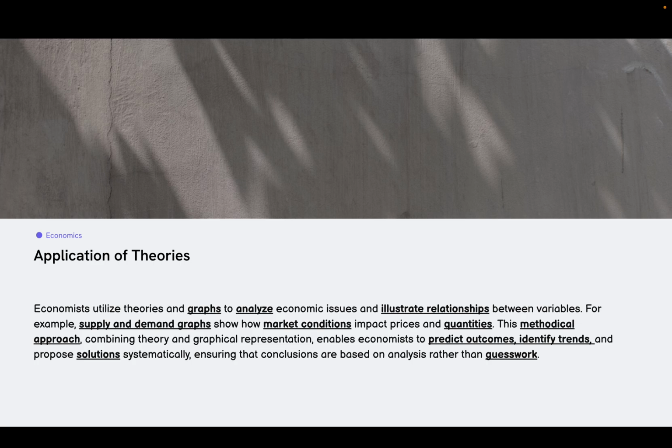For example, supply and demand graphs show how market conditions impact prices and quantities. This methodical approach, combining theory and graphical representation, enables economists to predict outcomes, identify trends, and propose solutions systematically, ensuring that conclusions are based on analysis rather than guesswork.